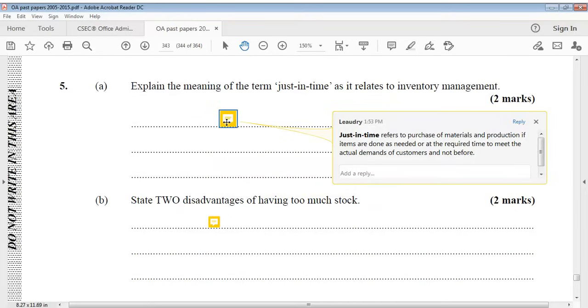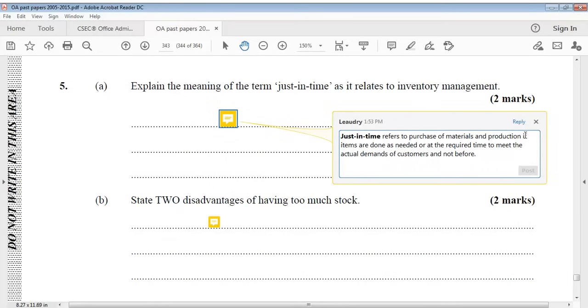Well, just in time refers to purchase of materials and production of items done as needed or at the required time to meet the actual demands of customers and not before, right?